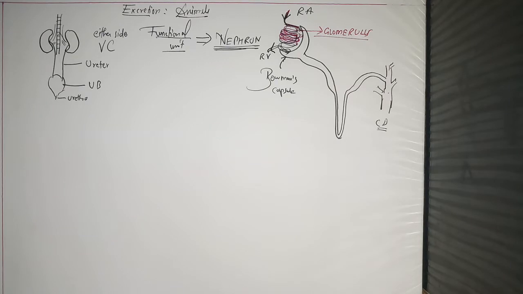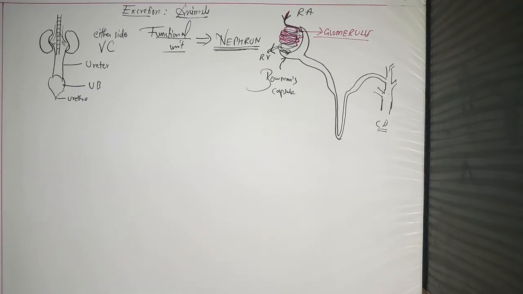Glomerulus. So what happens is that the blood containing urea leaves the liver. The liver does the function of separating toxic substances from the blood, makes urea, and then the blood leaves the liver.